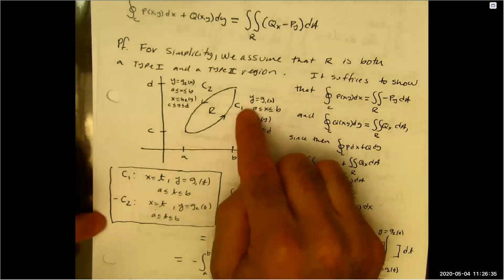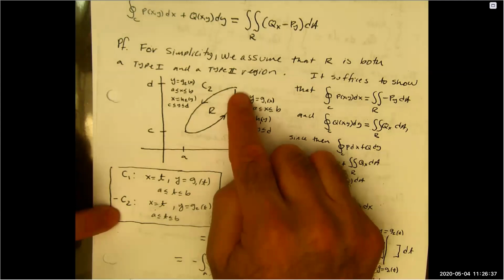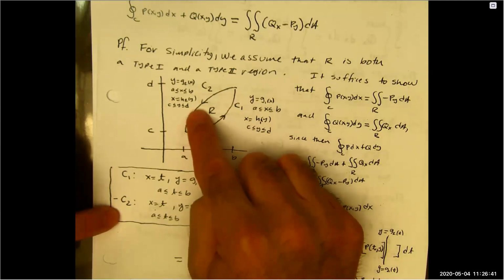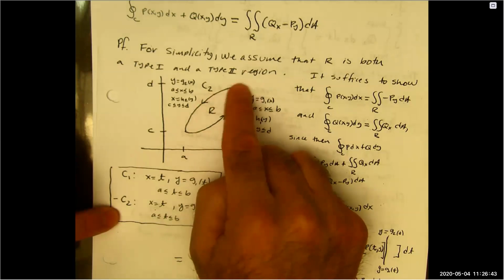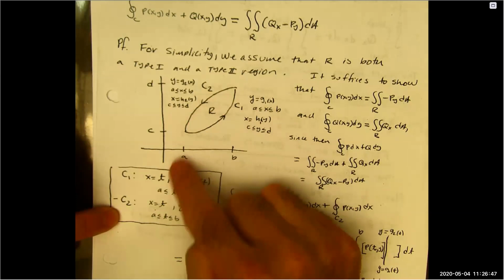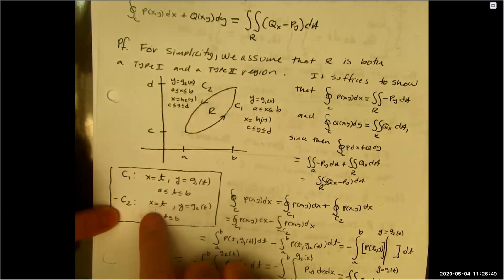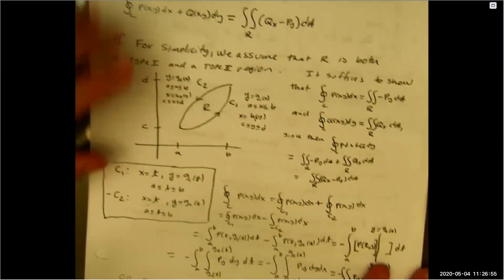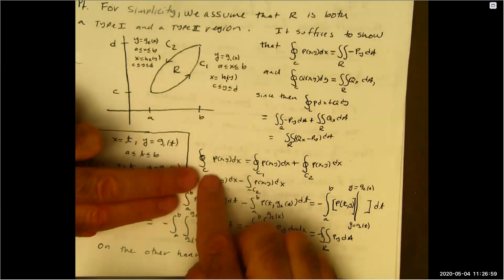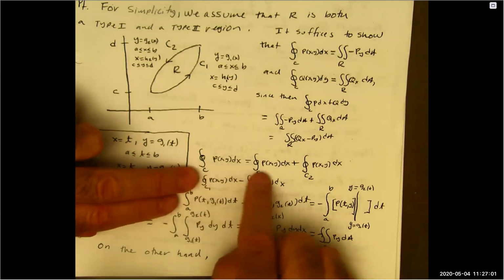And then in this case, we need to take minus C2, which goes the opposite way. C2 is going this way to continue counterclockwise. So for minus C2, we take x equal to t and y equal to g2 of t, t going from a to b.